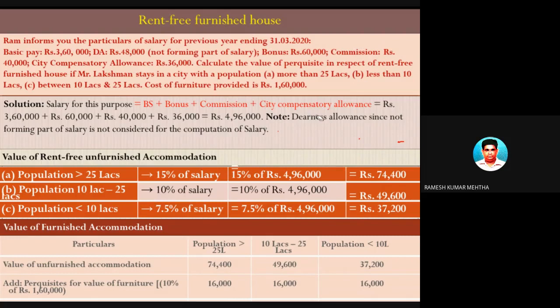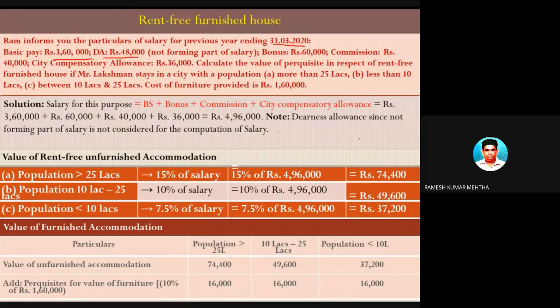Now look at the small problem which I have given in this PPT. I will just read it out. Mr. Ramesh Kumar Mehta informs you the particulars of salary for the previous year ending 31st March 2020. So the data of the last year is given for the financial year 2019-20. The basic pay is 3,60,000.